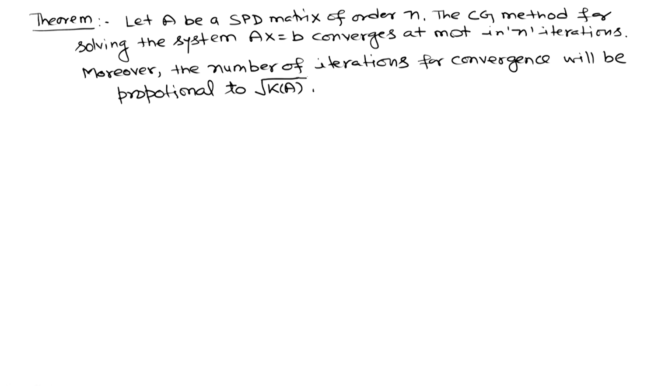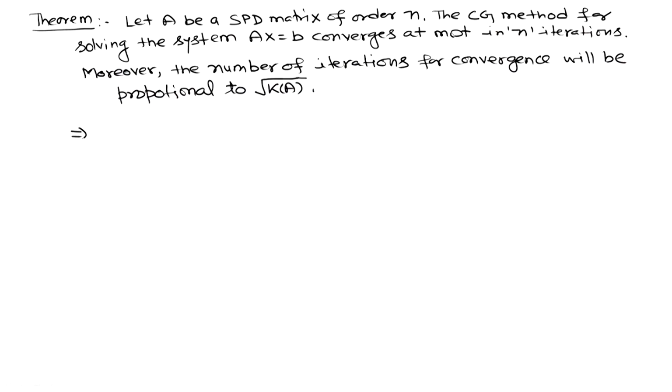So, if the condition number of A is large, then the CG method will take more iterations. If it is small, then we will have faster convergence.